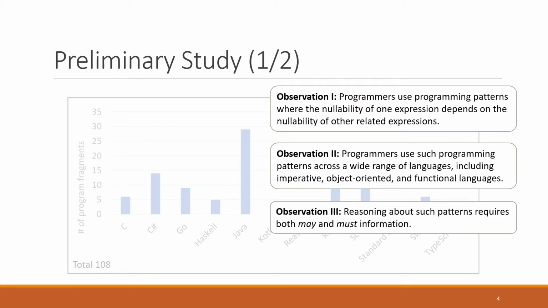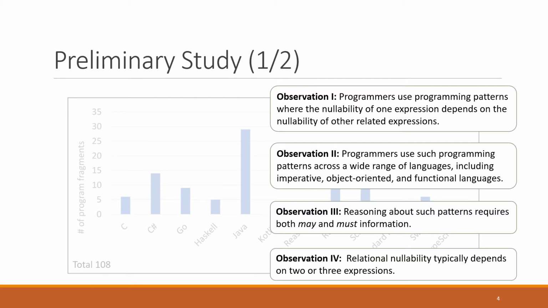Looking at the patterns in detail, we observe that to reason about them requires both may and must information, something I will return to. And finally, we see that typically few expressions are involved. Most commonly, the nullity of one expression may depend on one other expression or maybe 2 other expressions. In rare cases, it could be up to 4 expressions that are interdependent.